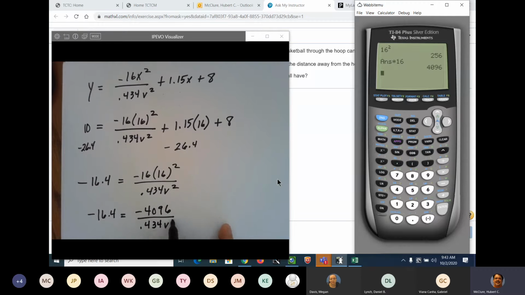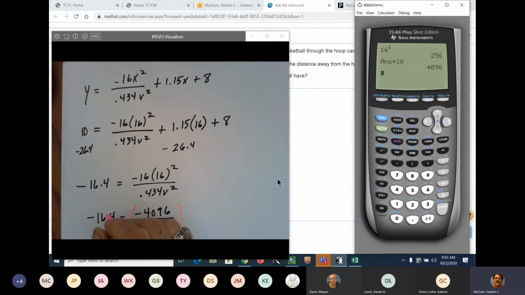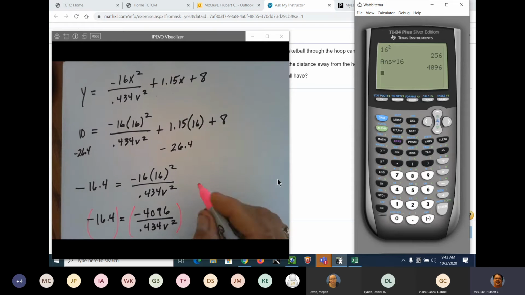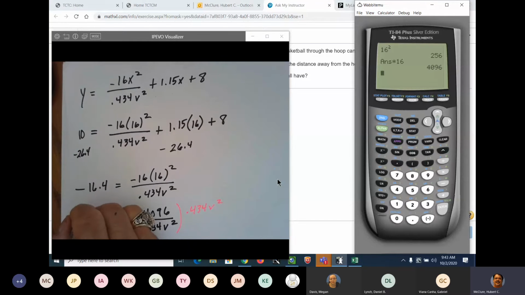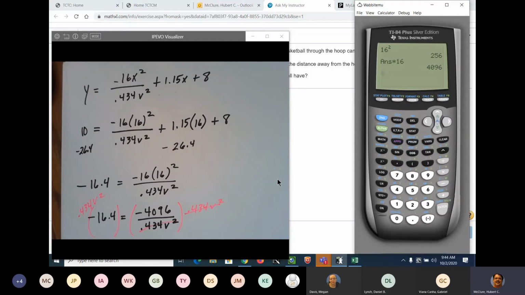0.434 v squared. Well, I've got to get rid of this fraction, so I'm going to multiply both sides by 0.434 v squared just to get rid of the fraction. And of course, that gets rid of that.